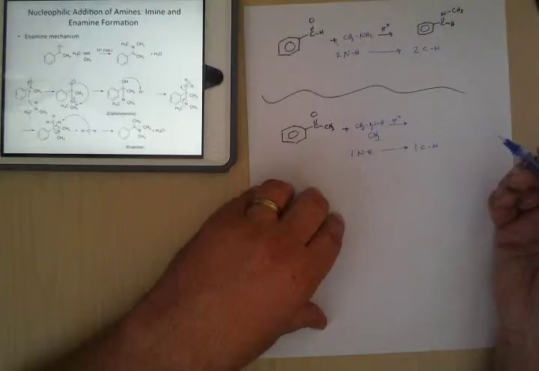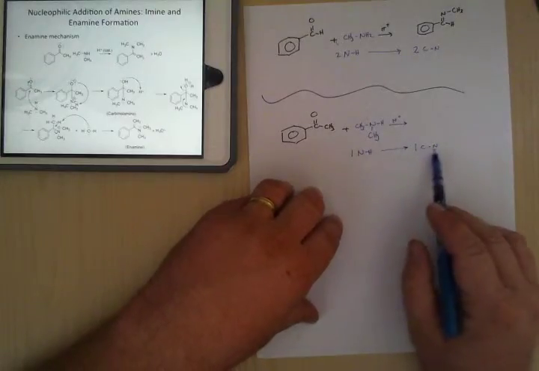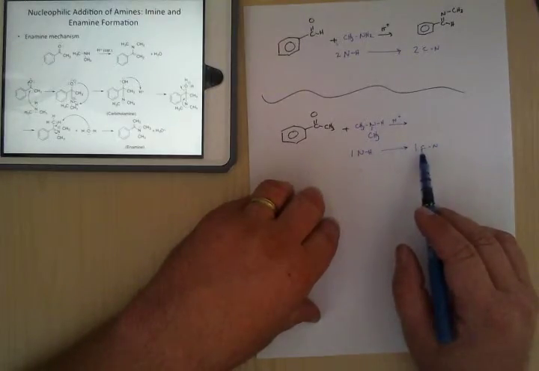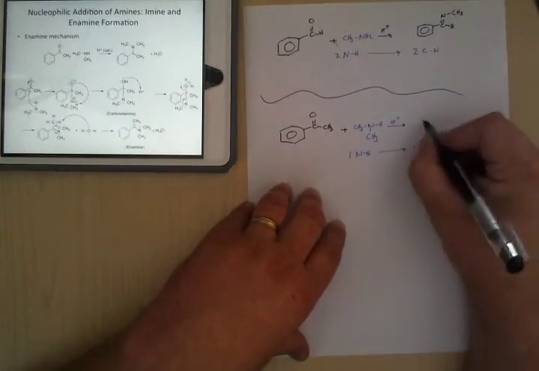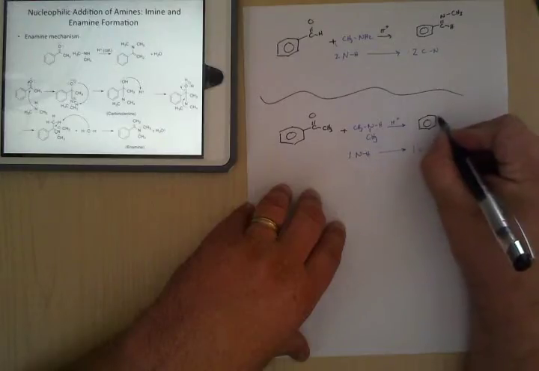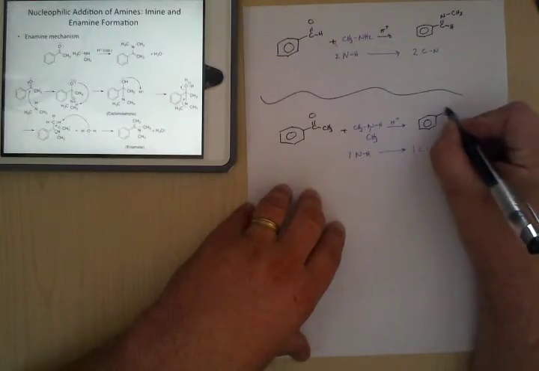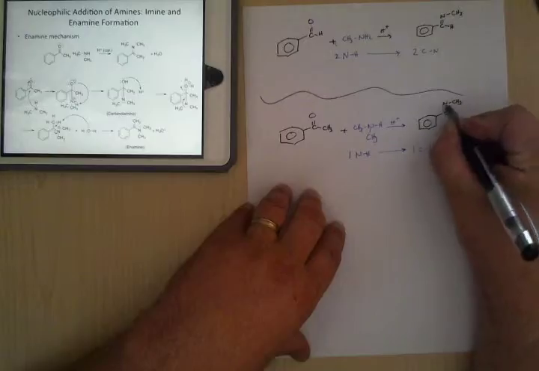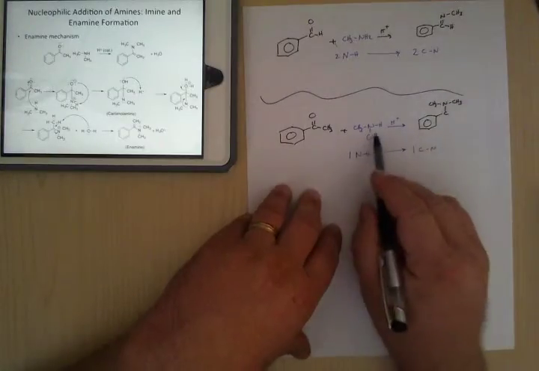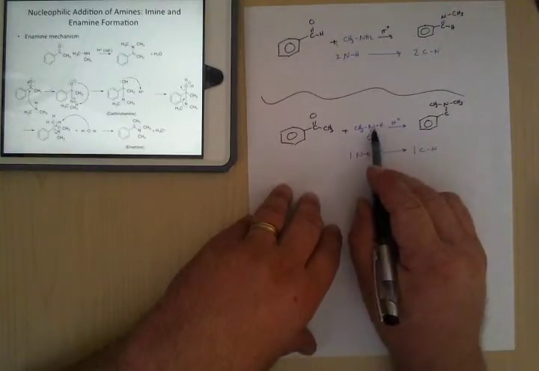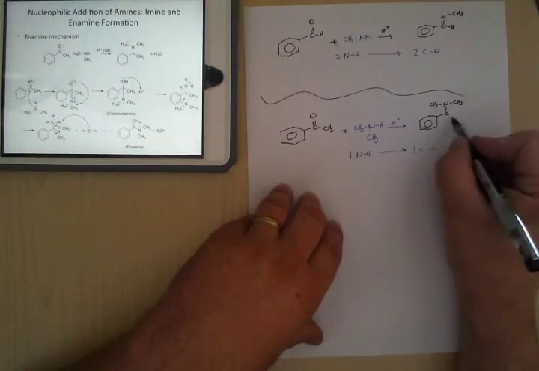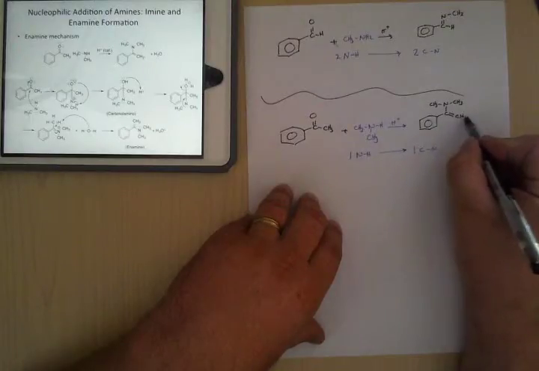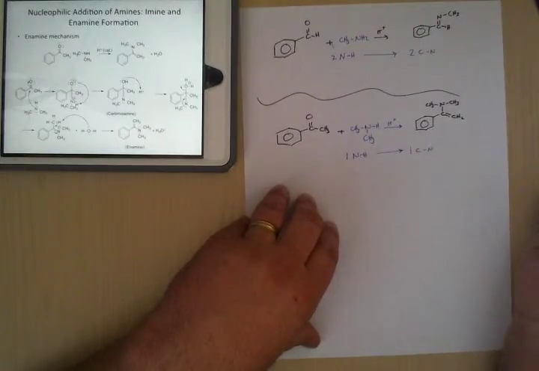Since we have to have a double bond in our product, you're going to end up needing to have a carbon double bond off to the side, and stuff like that. So our product is going to look like this. Because we only had one nitrogen-hydrogen bond here, we can only have one carbon-nitrogen bond here. So that means the double bond has to go off to the side, like that.